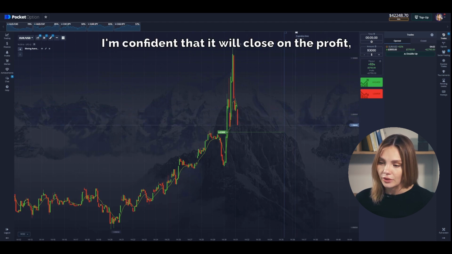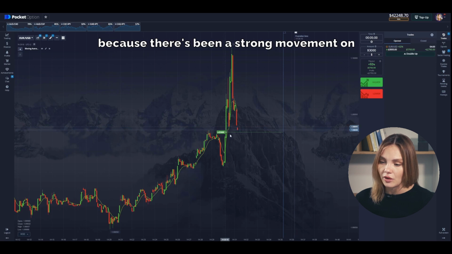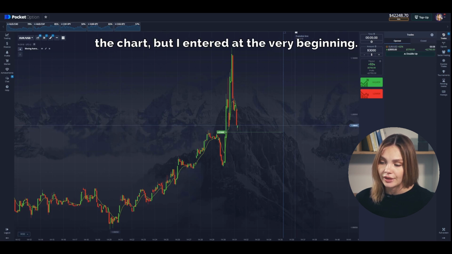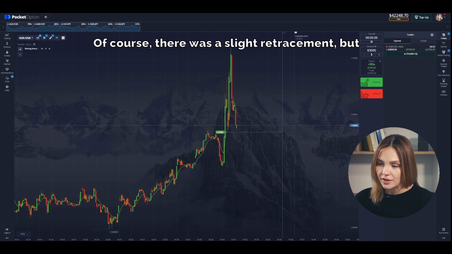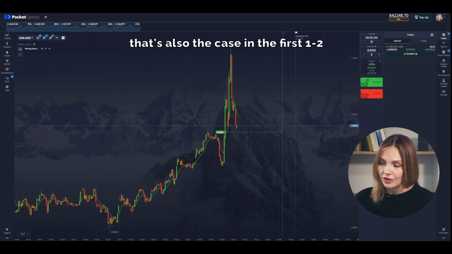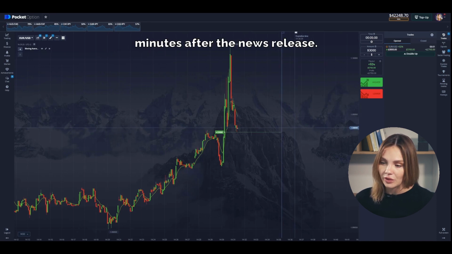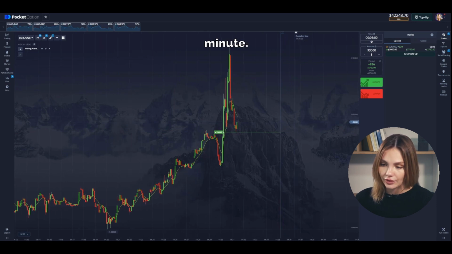There are 4 minutes left until the trade closes. I'm confident that it will close in a profit because there's been a strong movement on the chart, but I entered at the very beginning. Of course, there was a slight retracement, but that's also the case in the first 1 to 2 minutes after the news release. The main movement will start from the 3rd minute.